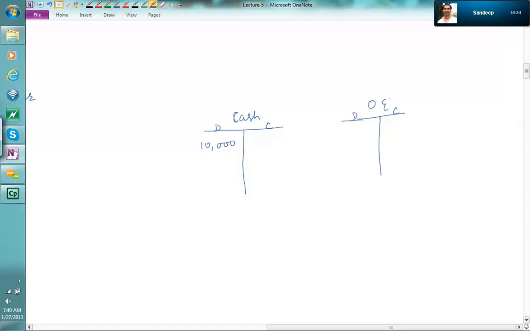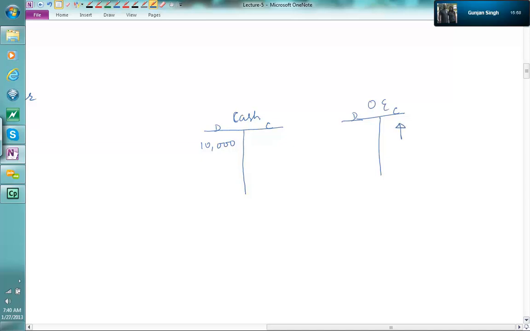Is owner's equity increasing or decreasing? He has contributed additional money, so owner's equity will increase. So will it be debit or credit? It would be credit. Yeah.